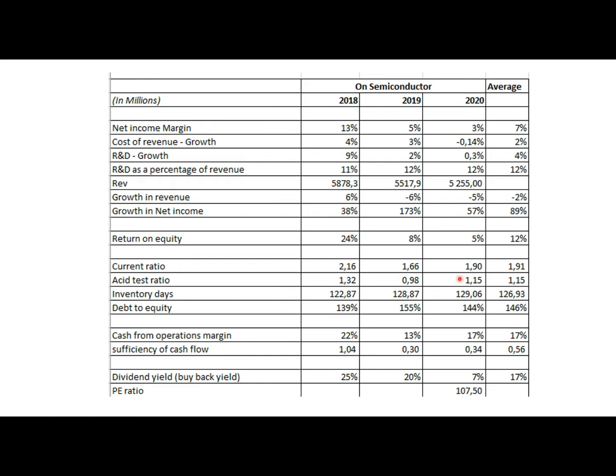It holds 1.15 times more liquid assets than liability. Whew, that took a long time to get out of my mouth.